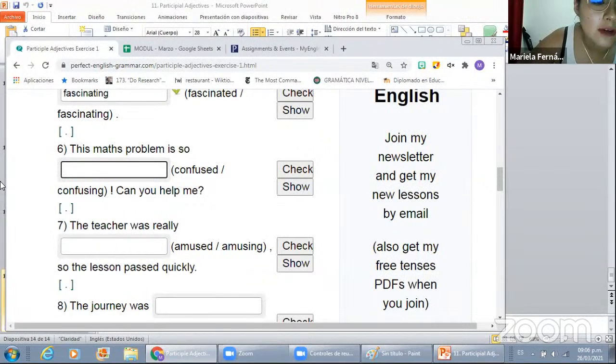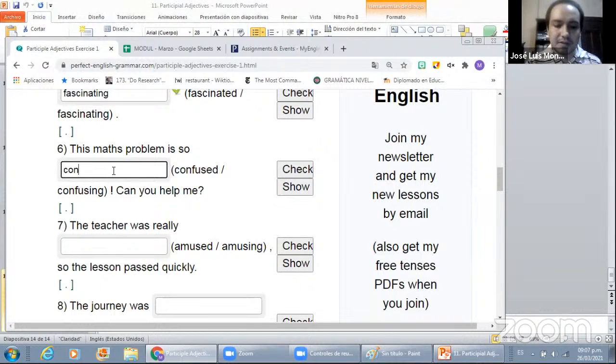This math problem is so confusing. Can you help me? There you go. Very good. Why confusing? Because this is not people, right? So it cannot be confused. If it's a math problem, it's an object, so it's going to be confusing, right? Let's check. Correct. And that's it.